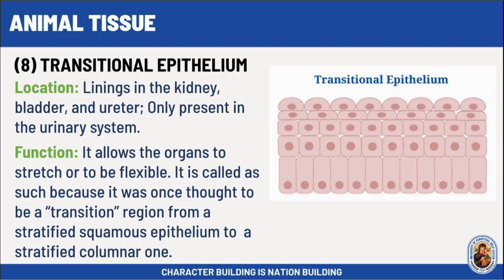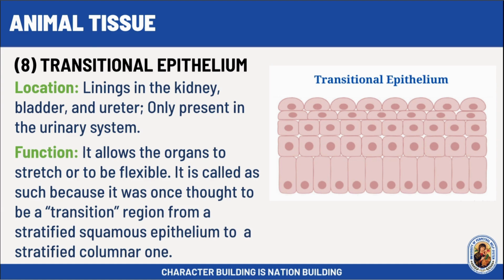Since this transitional epithelium has different shapes, it allows the organ to be stretchable or flexible. For example, in the bladder, we all know that our bladder expands as it gets full.